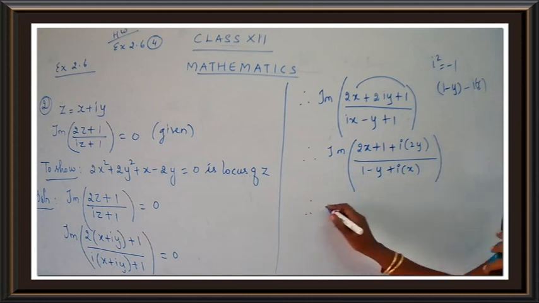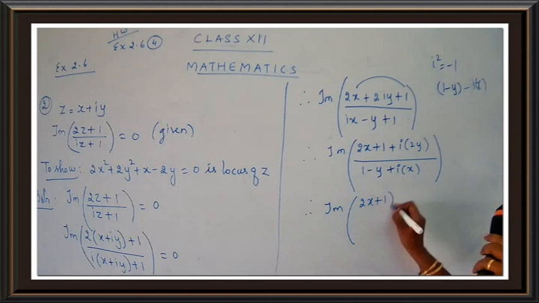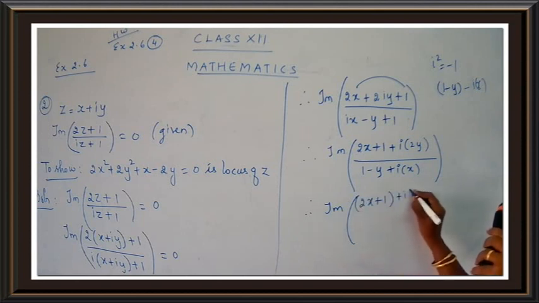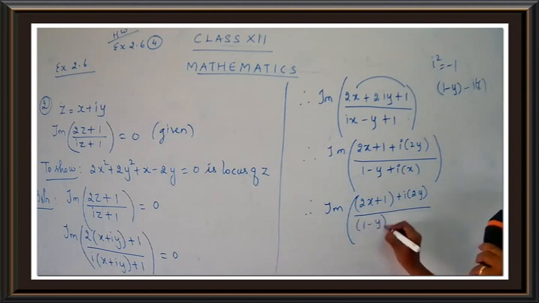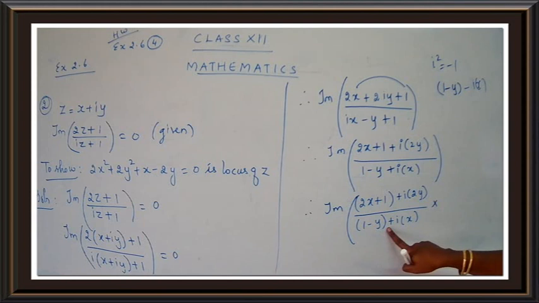So let's go with the work. 2x plus 1 plus i into 2y, upon 1 minus y plus ix. This is the original part. I am going to multiply and divide by the conjugate of the denominator.